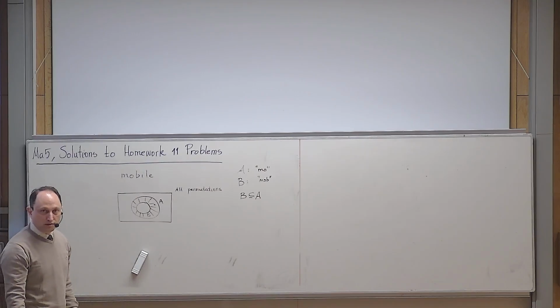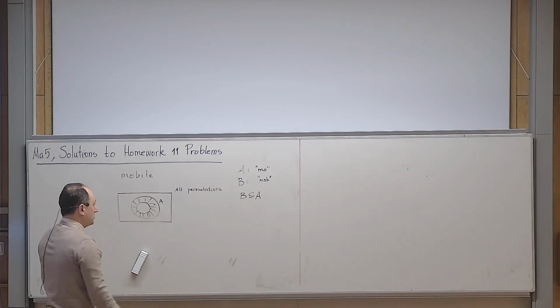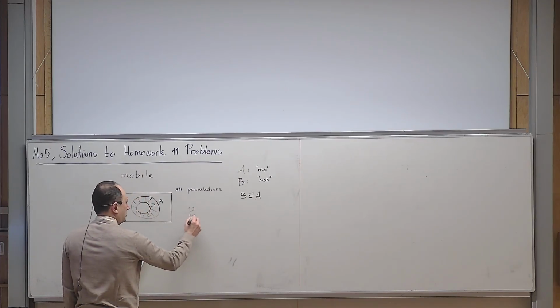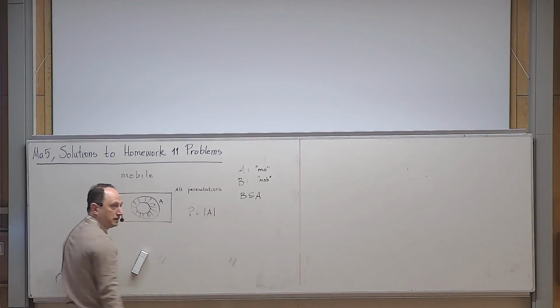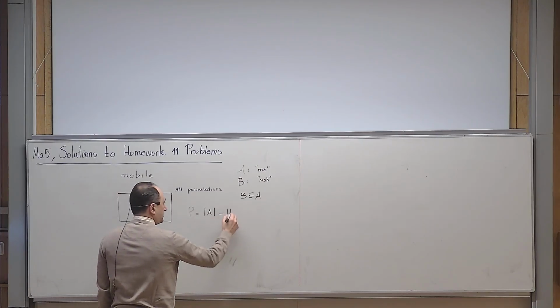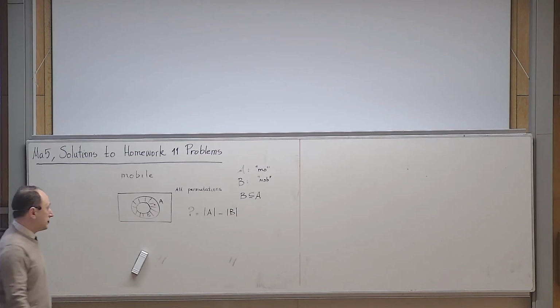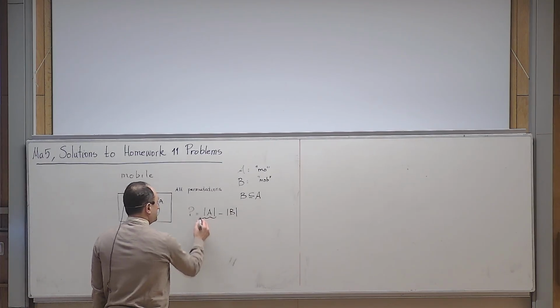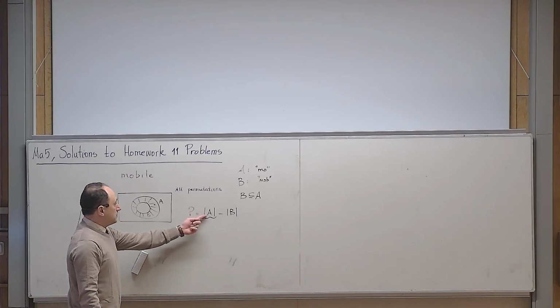But isn't it obvious? How should I do that? The number of elements in this region, the question mark, is in principle the number of elements in A minus the number of elements in B. Is that right? Now let us count the number of elements in A. What items are in A?